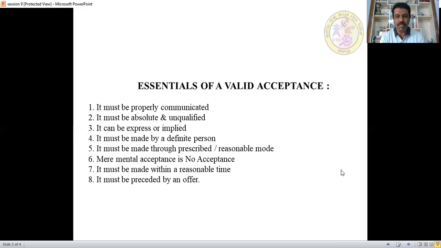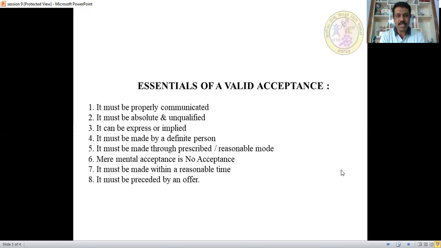If the offerer has put a condition on how the acceptance must be conveyed, for example in writing, then the acceptor must convey his acceptance through the prescribed mode or the reasonable mode. Otherwise, it again becomes invalid.